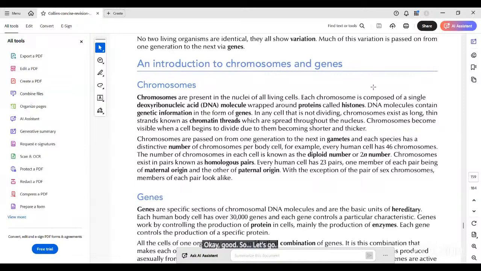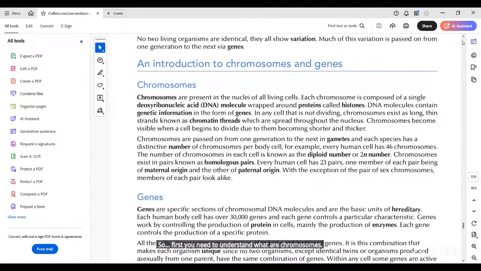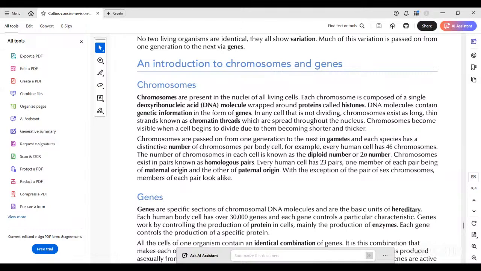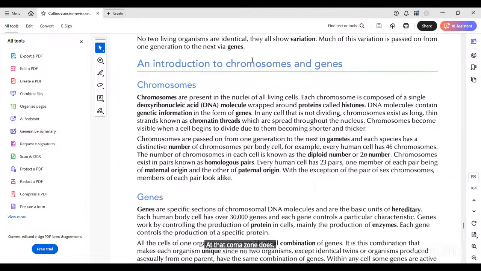So to understand, first we need to understand what chromosomes are. What are chromosomes? Everybody has gone silent.